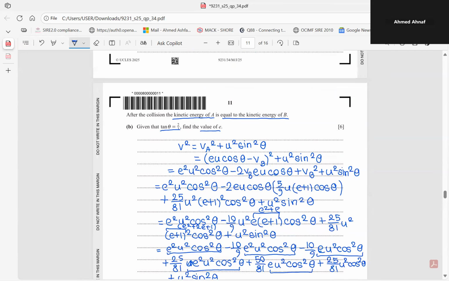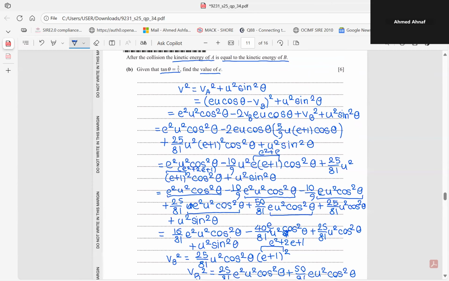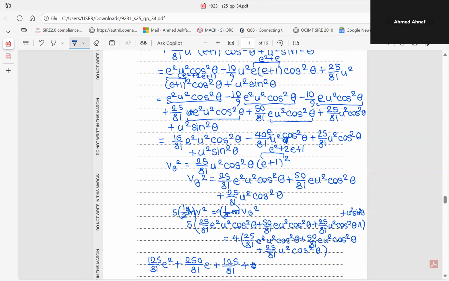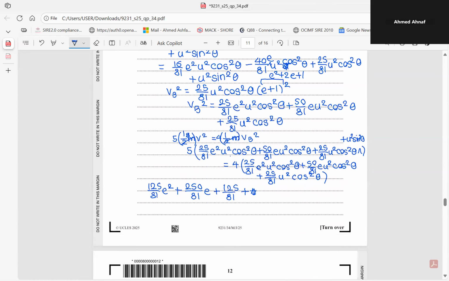So 5 times tangent squared theta is 5 times 4 over 9. You'll get 20 over 9.